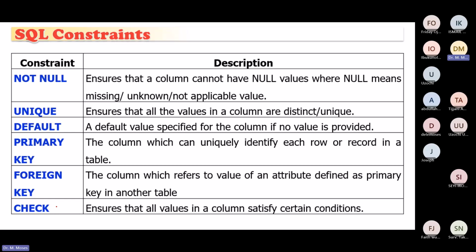Otherwise, you have so much data to start correcting and pre-processing. So these constraints are ways that you reduce the amount of work you have to do when collecting data. If there is a check on age limit, you define it, so you don't have to start screening out those that are not within the allowable age. If there is a default value that should be there, if no value is entered, you specify it.